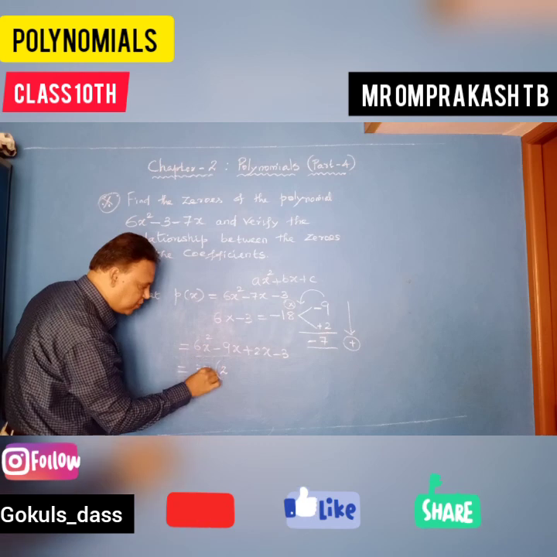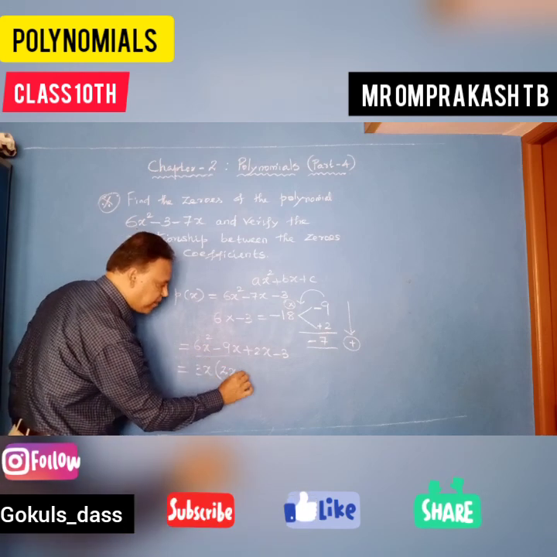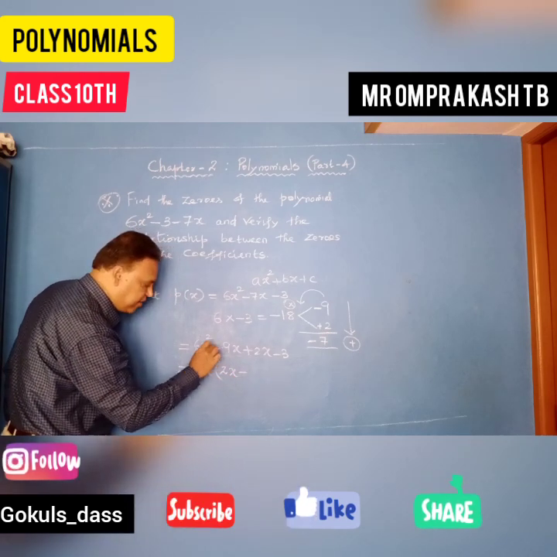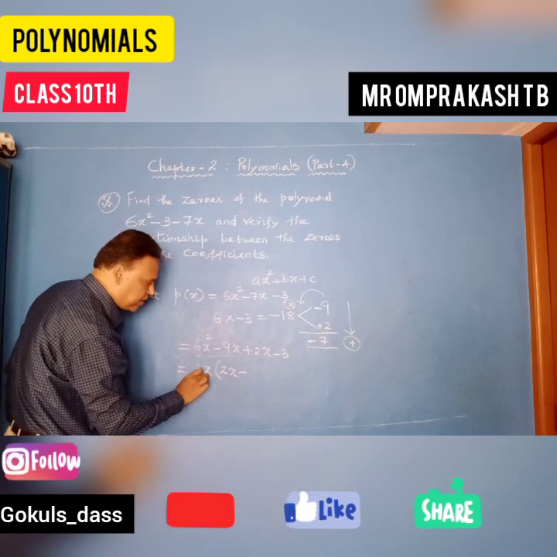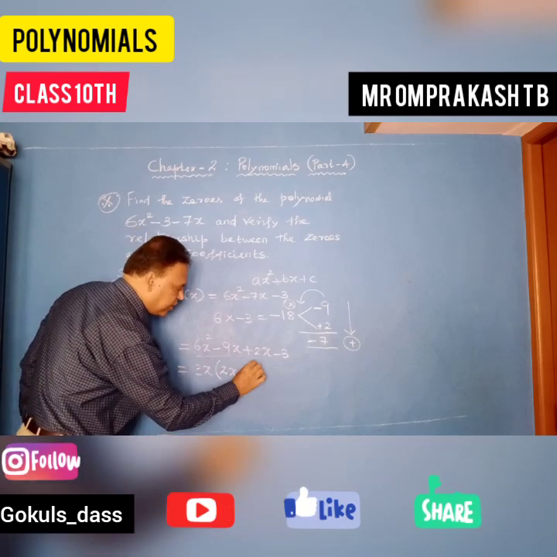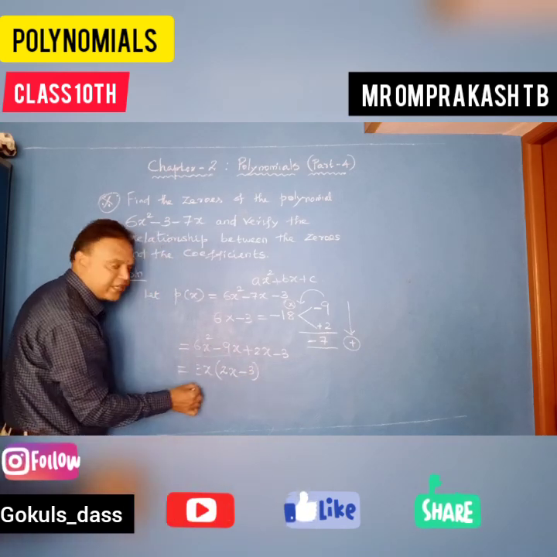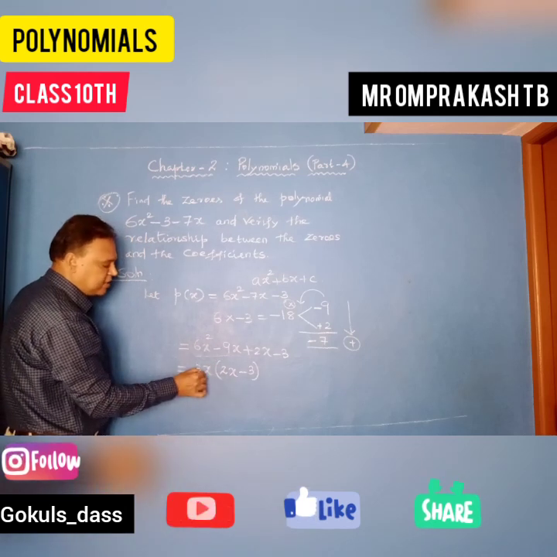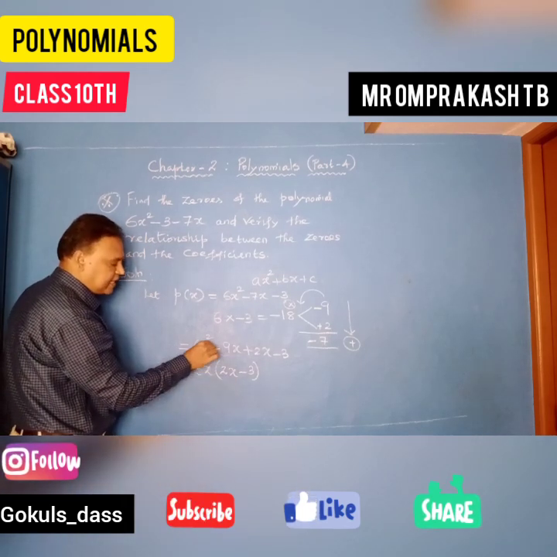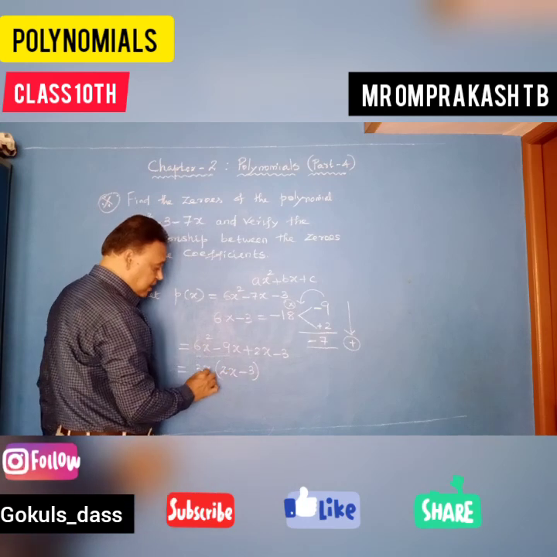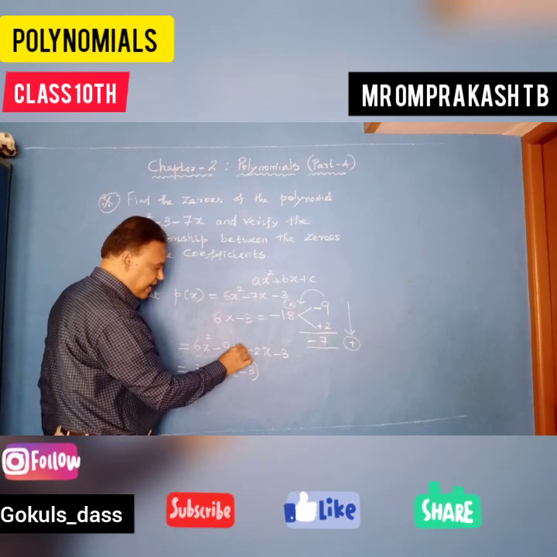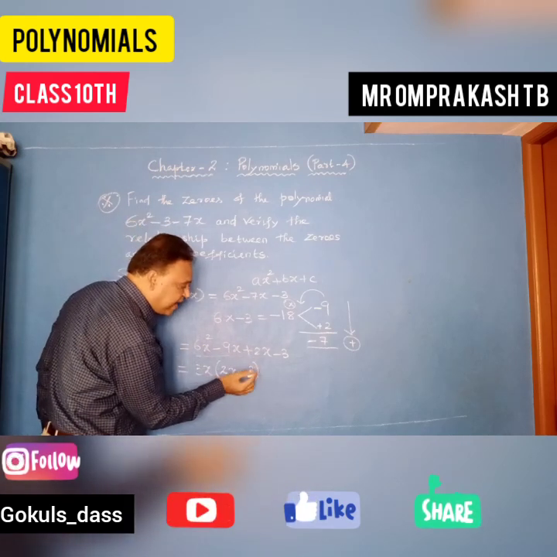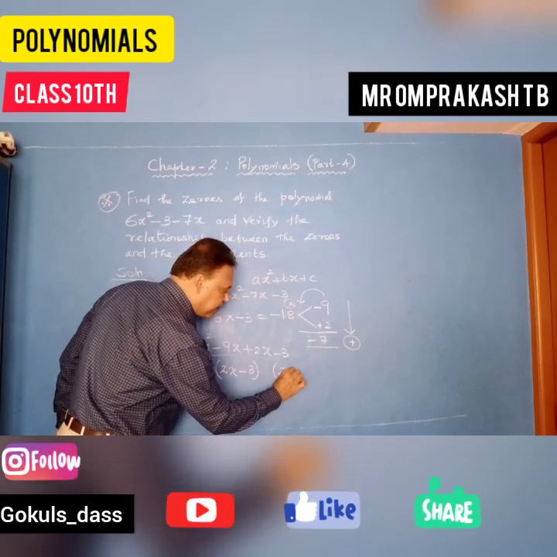Here 1x we have taken, so x. Then minus, in 9 we have taken 3 and the x also taken common, so 3 you will get. If you have doubt, immediately multiply and see. 3 into 2, 6. x into x, x squared. Minus 3 into 3, 9x. The same factor you have to write here.